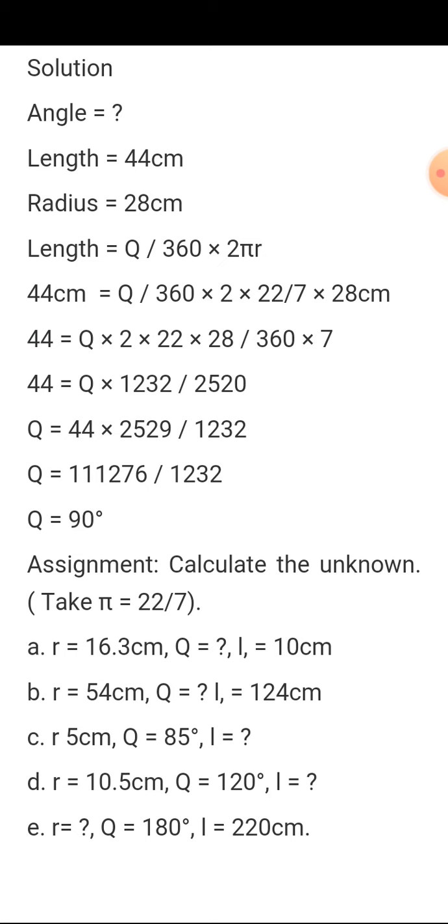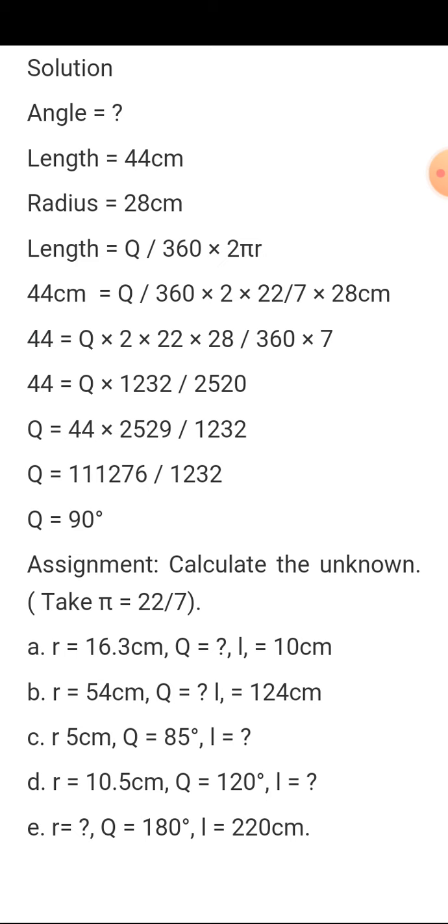When we multiply 44 times 2520, that gives us 110,880 divided by 1232, which is equal to 90 degree. That is, our theta now is equal to 90 degree.